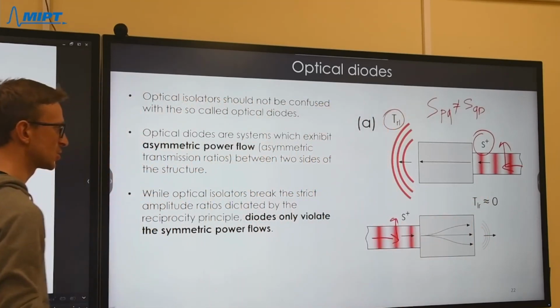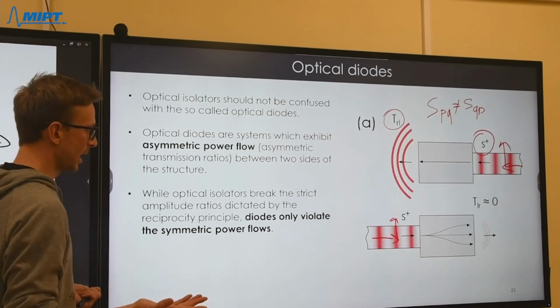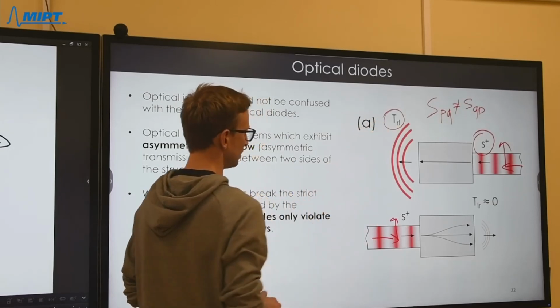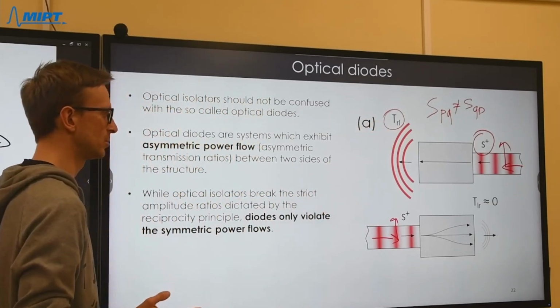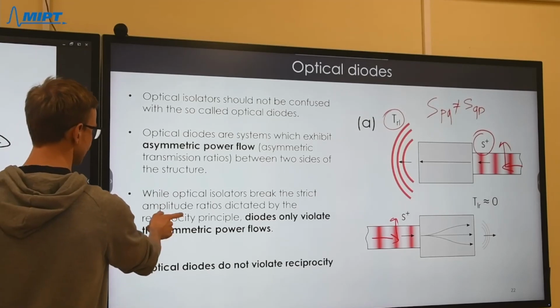A structure that realizes this functionality, that produces asymmetric power flow, is called an optical diode. And because we don't care about violating the S-matrix symmetry, it does not require reciprocity. So optical diodes are possible in completely reciprocal systems.